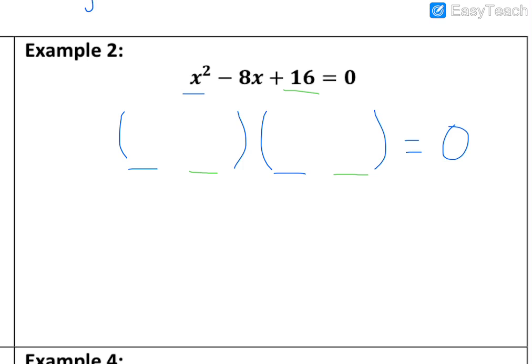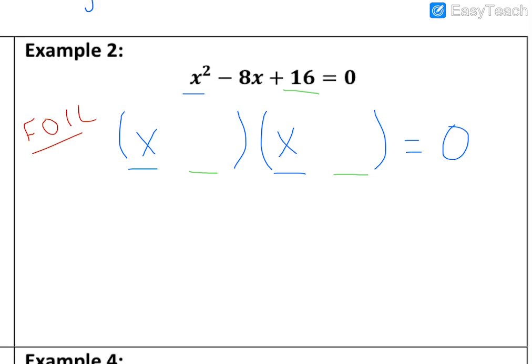Your outside and inside, because what you're going to do here, remember, is just FOIL. You're unFOILing this. But if you were to go in this direction, you would be FOILing it. So for the x squared, the way you can break that apart is x times x.